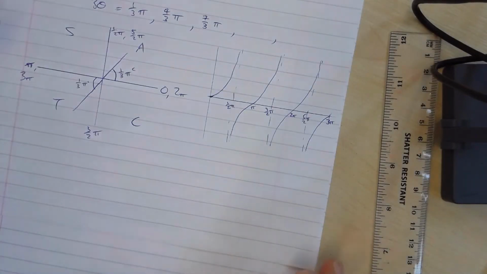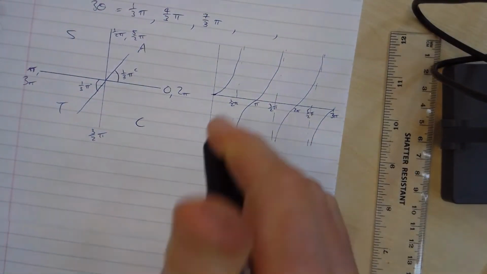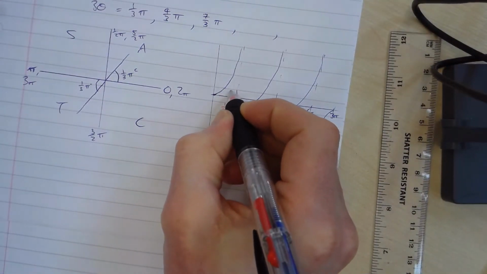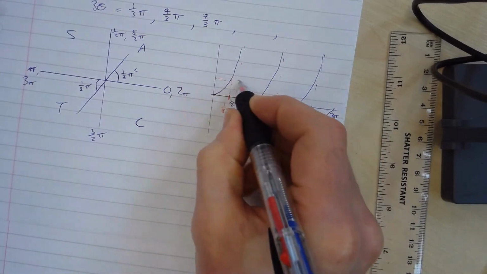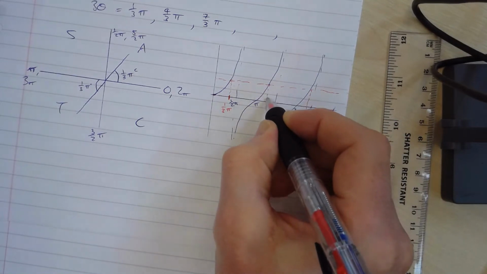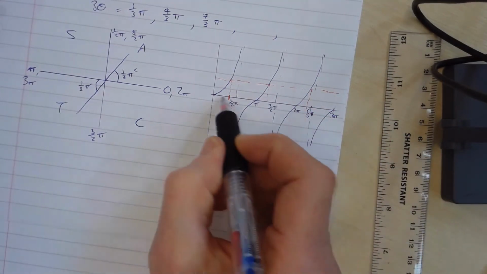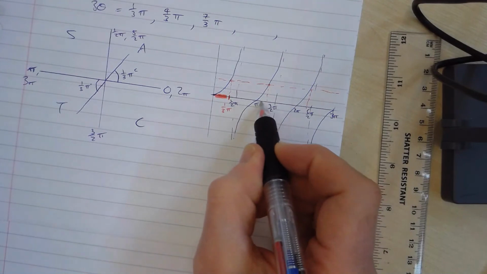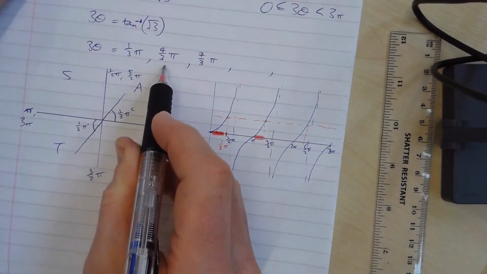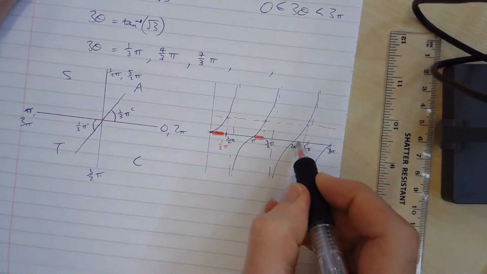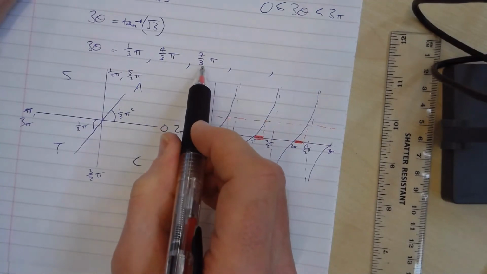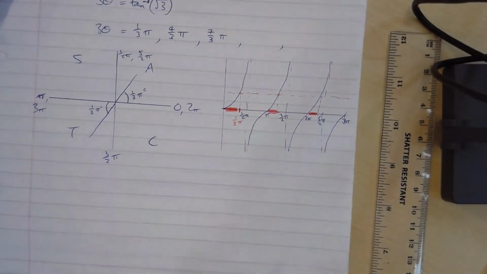Sorry, a bit skew there for you. 1/3 pi is about there. Go up to the graph and then across and down, and here you can see that distance there is your 1/3 pi. Add that onto your pi. Pi plus 1/3 pi is 4/3 pi. And similarly over here, 2 pi plus that extra distance of 1/3 pi, 2 1/3 pi, which is 7/3 pi. So your two methods for doing that.